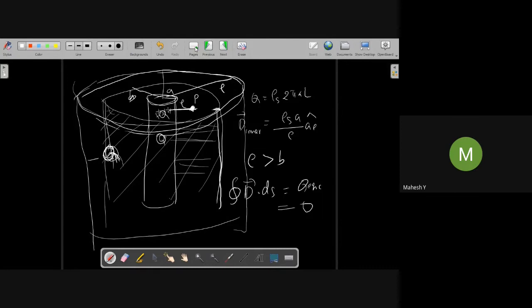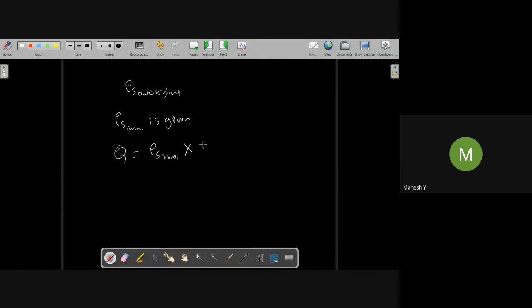Now, one more point you have to derive is rho s of the outer cylinder, if rho s of the inner cylinder is given. What is Q? Q inner is equal to rho s inner into the surface area, that is 2 pi a l, right?